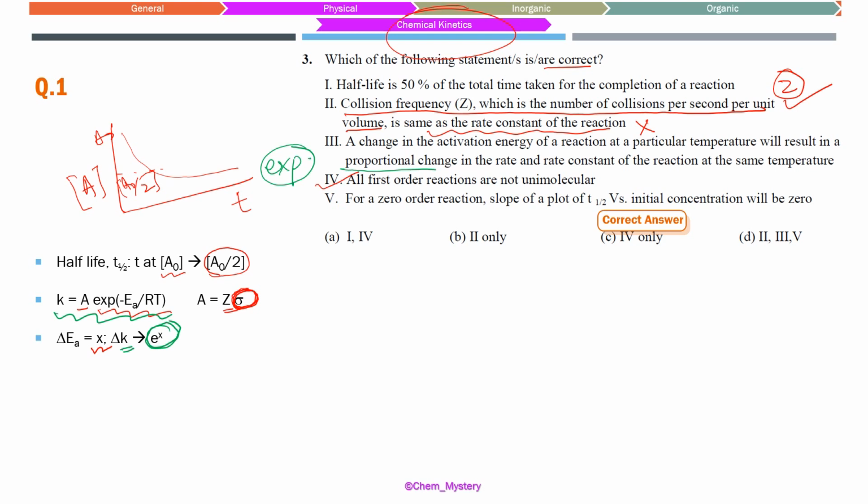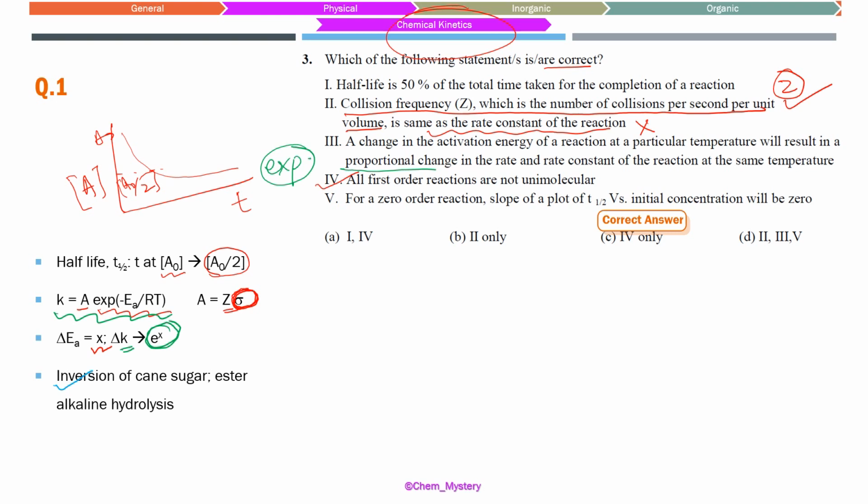Moving on: all first order reactions are not unimolecular reactions. Very much true. We have seen a number of pseudo unimolecular reactions. Take the example of inversion of cane sugar. The rate of reaction depends on the concentration of cane sugar only, although the molecularity of this reaction is not 1, since water also must be taken into consideration.